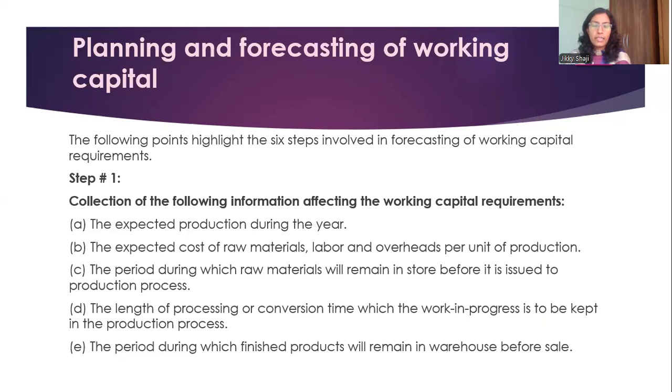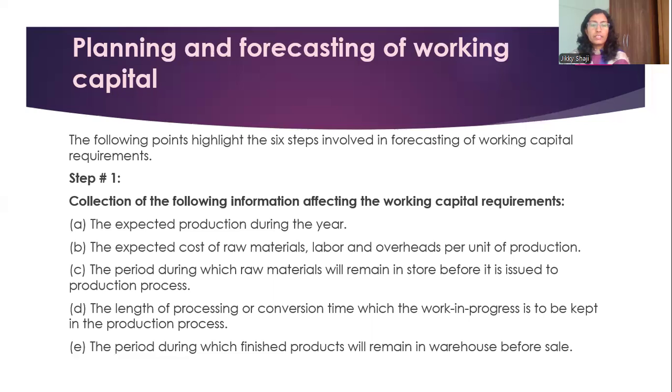After estimating the expected production in units in the year, expected cost should be ascertained. First, they will ascertain the direct cost, that is cost of raw materials, cost of labor, and cost of overheads per unit of production.